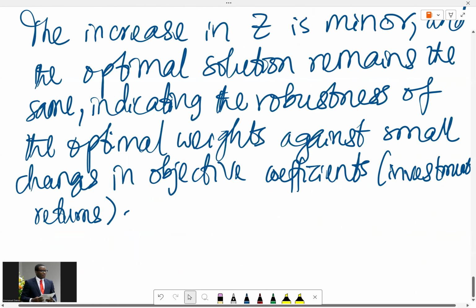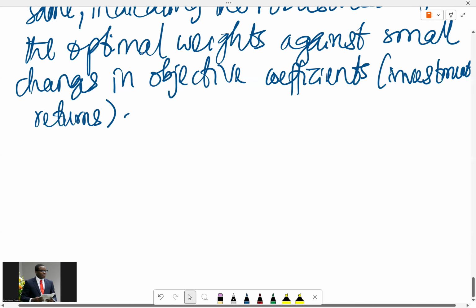So changing the coefficients, that is the investment returns, has a slight effect on the overall return, right? But depending on the amount you're investing, 0.1% can mean a lot in an investment. That's really something to pay attention to. Okay, so that's one aspect.